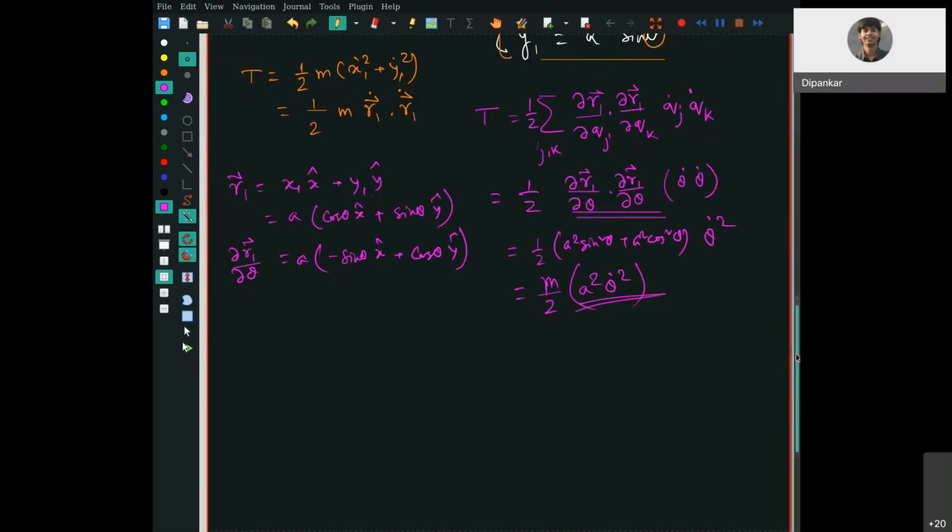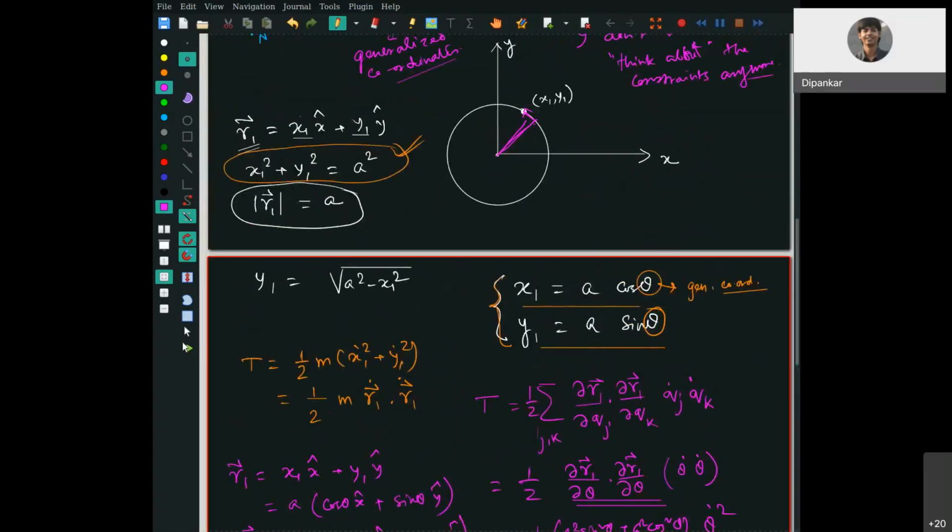Notice the important stuff here. I have chosen a parameterization for this Cartesian coordinate, such that this is automatically satisfied. My equation of constraint is automatically taken care of. So once I do this substitution, with a being a constant, I no longer have to worry about this constraint, because by redefining this, I am automatically taking care of the fact that this particle is moving on a circular ring.